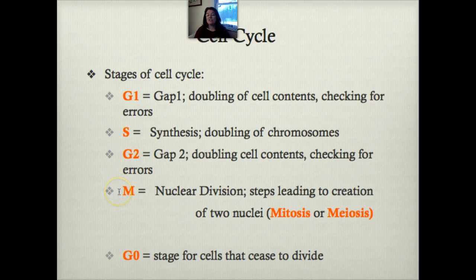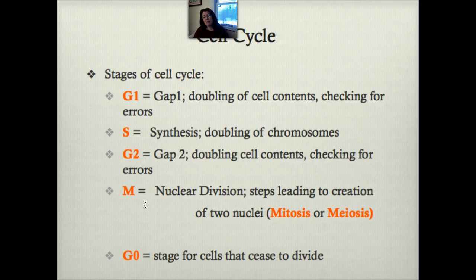The last stage is called the M stage, and this refers to nuclear division. We call it M phase, but in different cells that M can stand for different things. This is the stage where the nucleus is going to divide. And if we're talking about a nucleus in a somatic or a body cell, then M stands for mitosis.